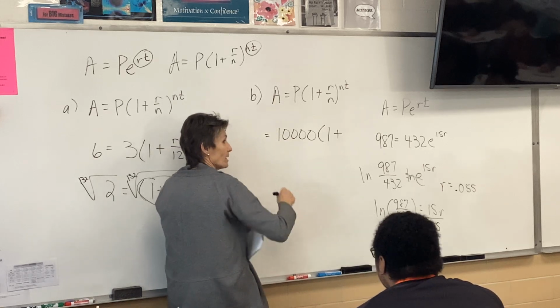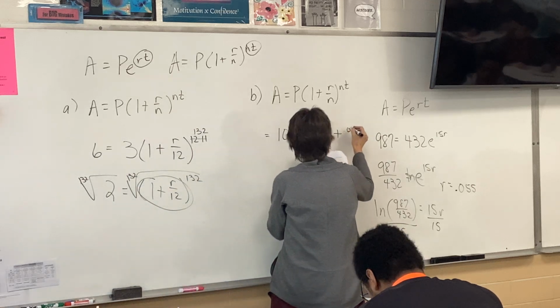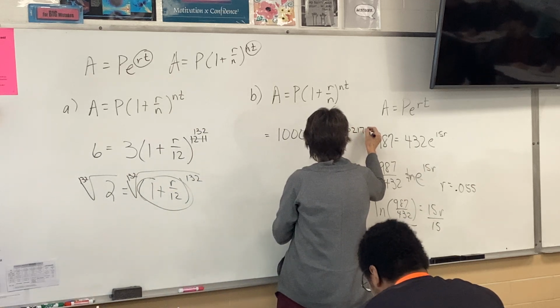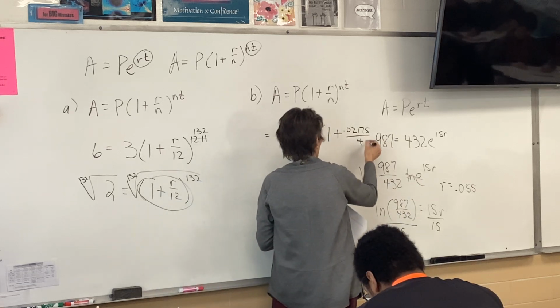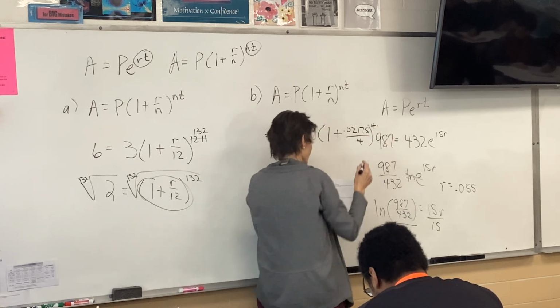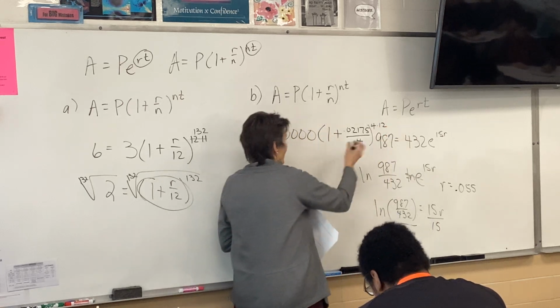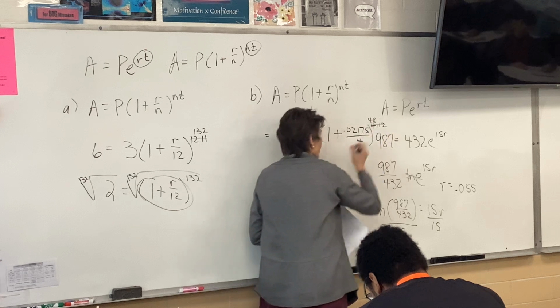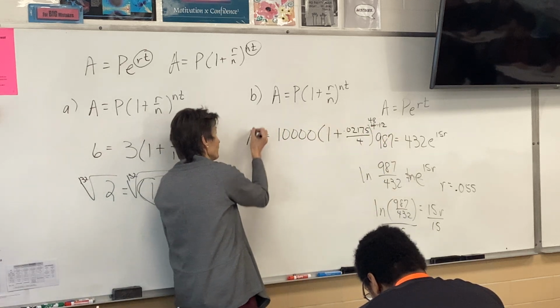My interest rate is what? 0.0275, divide by 4. Go over 4, and then 4 up here, and times 12. So my exponent's actually 48. And I'm looking for A.